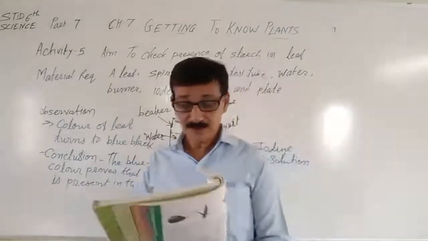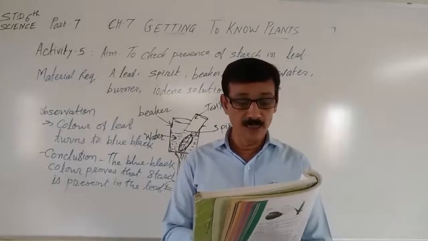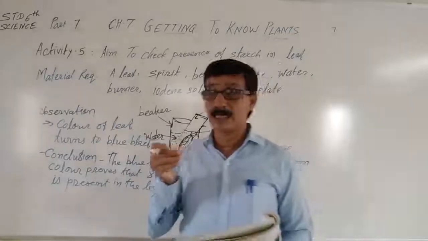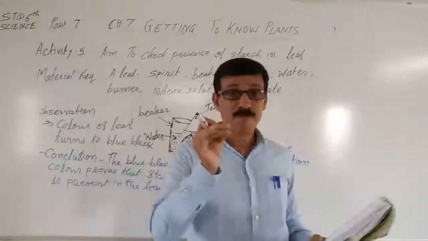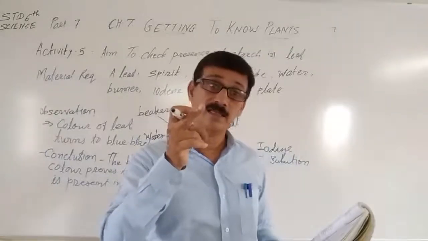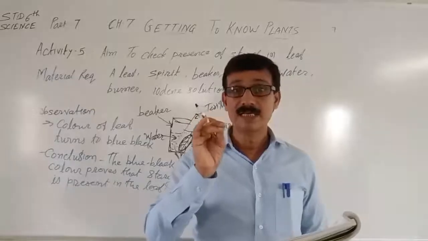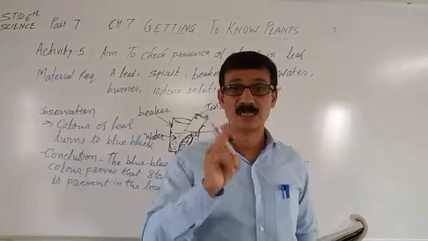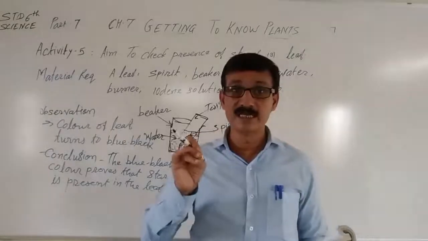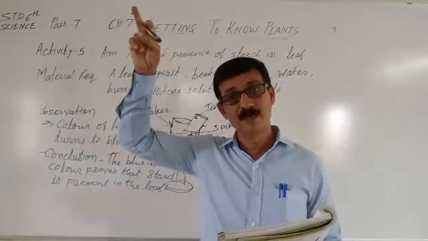The food prepared by leaves ultimately gets stored in different parts of the plant. Now, these leaves prepare food. Once again, we did the activity on whether starch is available in the potato slice, and we have come to know that starch is prepared in the leaves.